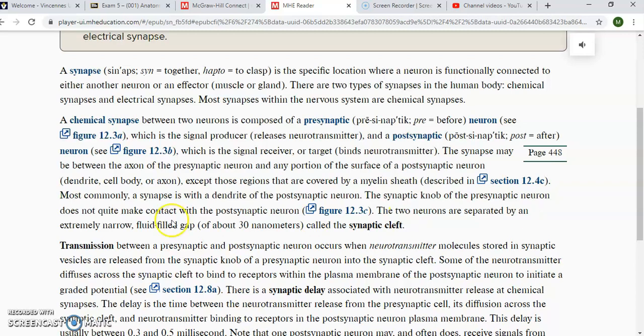They call it a chemical synapse because there's a chemical, a neurotransmitter, that's being released and taking that information from one neuron to the next neuron or cell. So those are the most common ones in our nervous system.